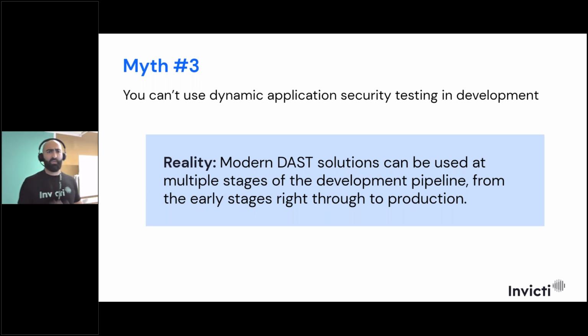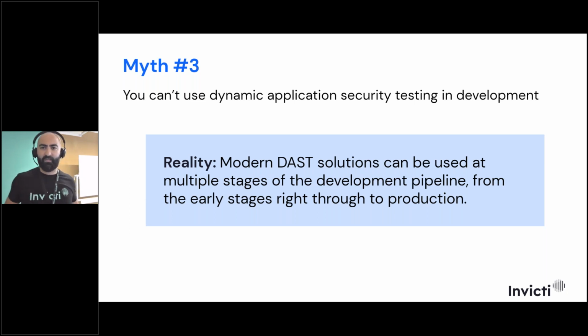Myth 3: you can't use dynamic application security testing in development. Modern DAST solutions, and this is something that I covered in myth 1 or myth 2 from the first topic, you have to try to cover as much as possible all the stages in your SDLC.